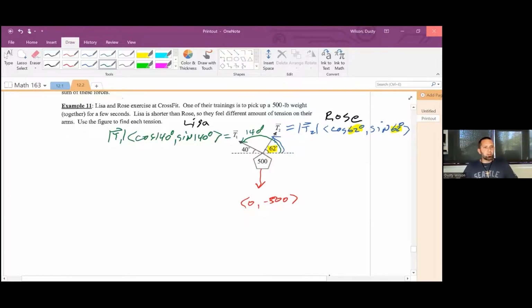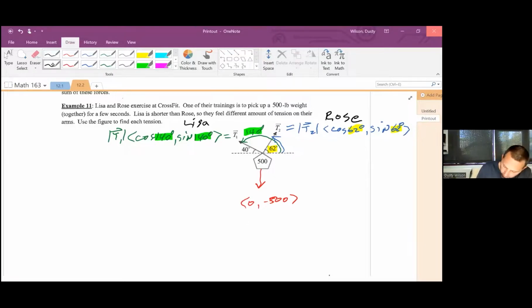Because at the moment that we care about, nothing is moving, there's that instant when they're picking things up. This is a static situation. We know that the sum of these forces must be 0. So what we can do is add up the x components and know that the x components must equal 0 and the y components must equal 0.